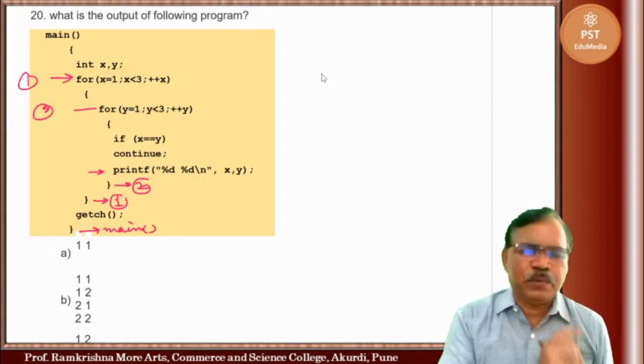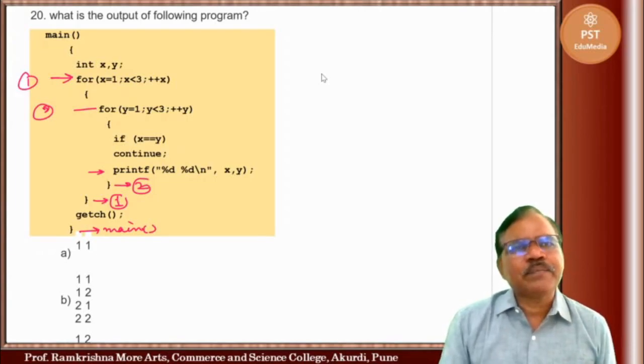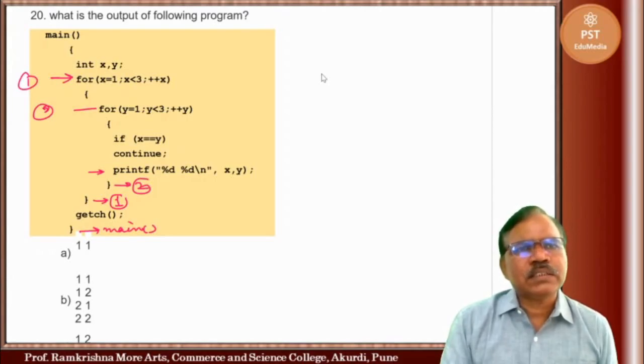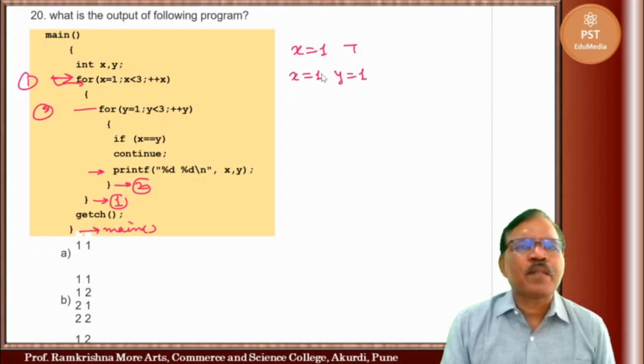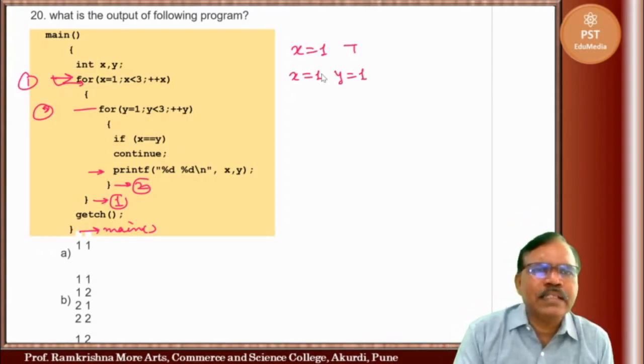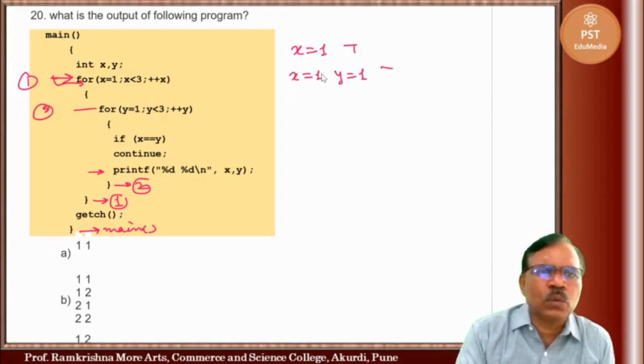So see carefully. First control will enter here, so x is equal to 1. Now the condition is true, so it will enter the loop. For x equal to 1, now y is equal to 1, and it is less than 3, so it is true, it will go here.